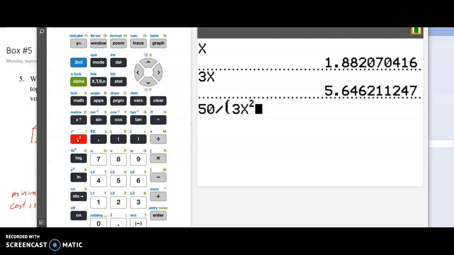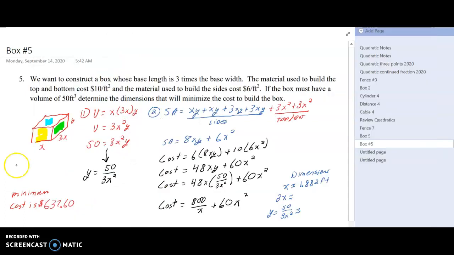I'm going to check that. So 4.7052 if I were to round. So the other dimensions of this box are 5.646 feet and then 4.7052 feet. So hopefully that helps you with the box problem.